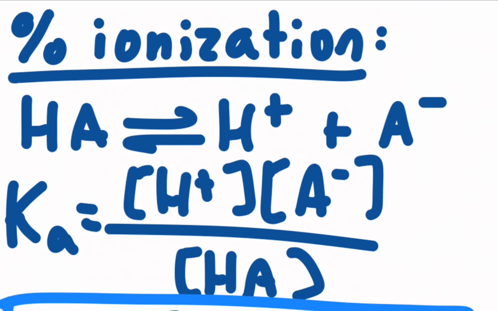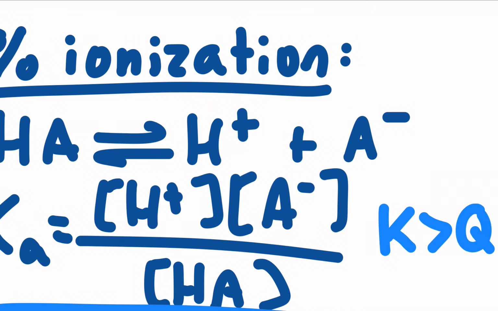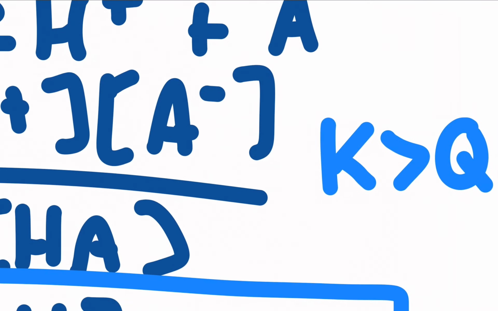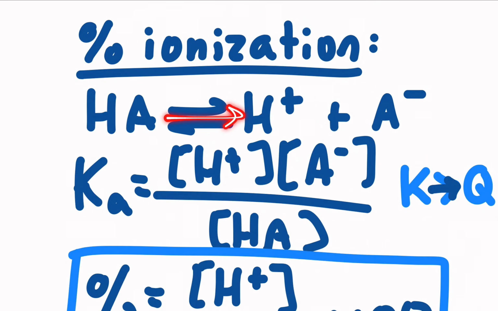So if I go back to the equilibrium, we just deduced that Q is smaller than K, and if I write K first, it reminds me of that trick where the greater than or less than sign becomes an arrow. So if I add water to this, it shifts the equilibrium forward. It dissociates more.